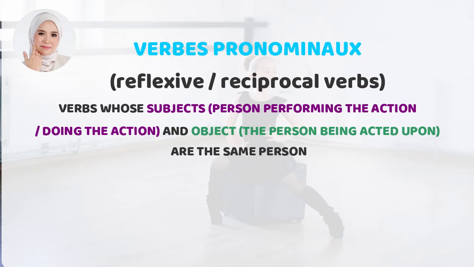These two are the same person. For example, we have the verb je me réveille. Je me réveille means I wake up. So I is a subject and object is me. It is the same person.